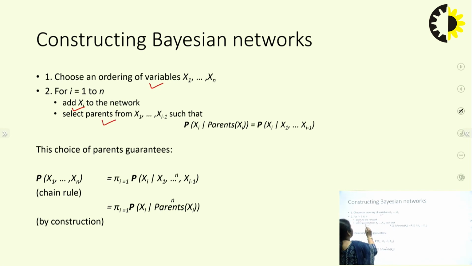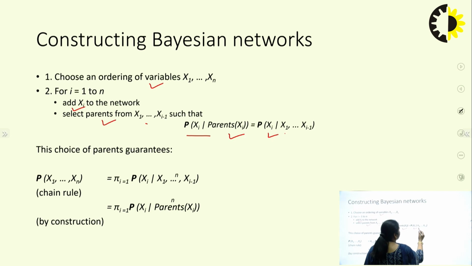We will select parents from the remaining set of elements, such that probability of xi when parents of xi are given is equal to probability of xi when x1, x2 and so on are given, which means the full joint distribution. So we will check like that.